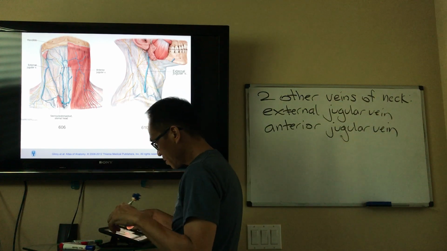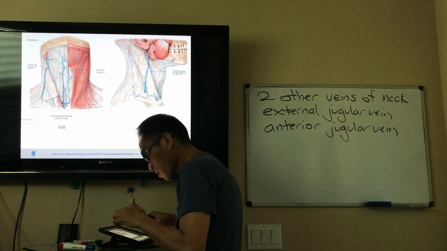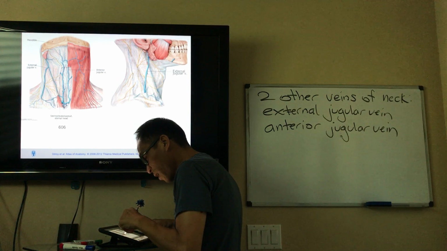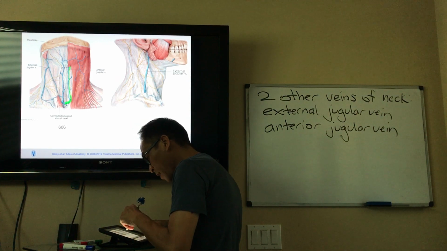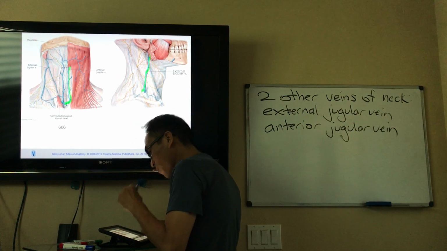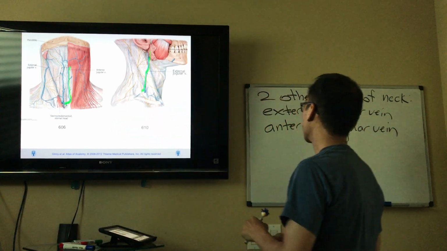I'll highlight them in green. There's the one anterior jugular there, and there's the external jugular there. Highlight it in green on both pictures.